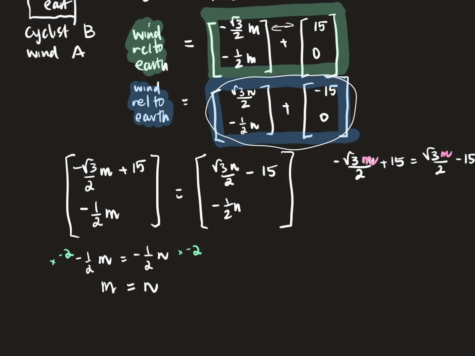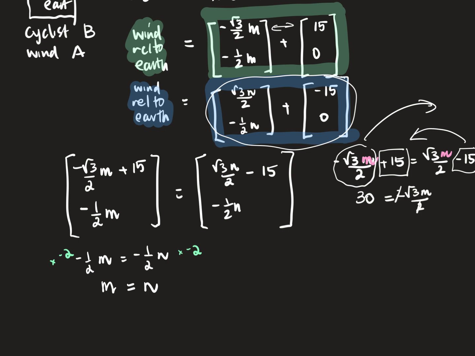Well, I can collect like terms now. So I've got negative 15 there, negative 15 there. Bring that one over, that will make 30. And I'm going to bring this negative over here, so it's root 3m on 2 plus another root 3m on 2. I've got two of them now. Cancel those.